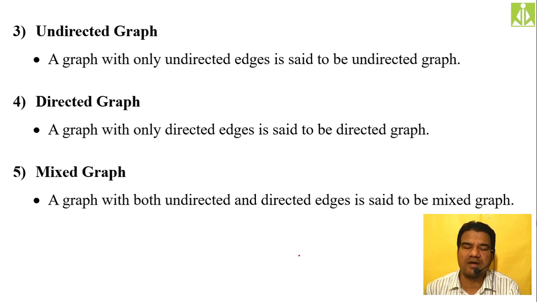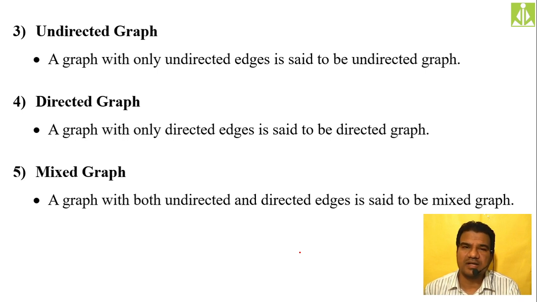Because we are not having any directions to the edges, for a particular edge it is very difficult to say which vertex is the starting point and which vertex is the end point. So such a graph we call an undirected graph.